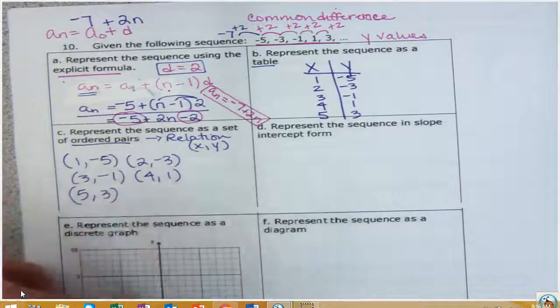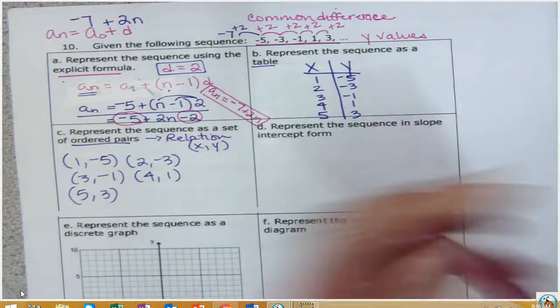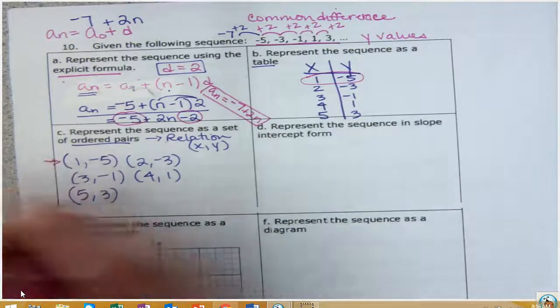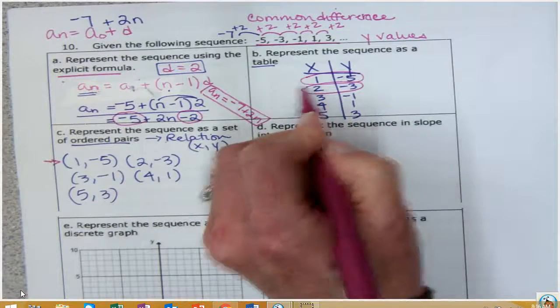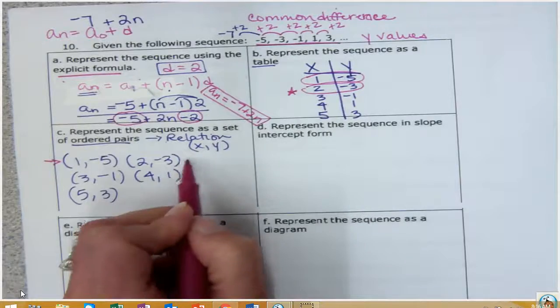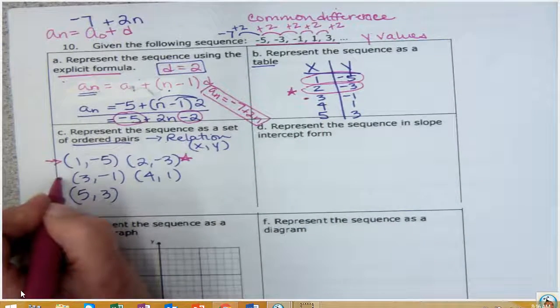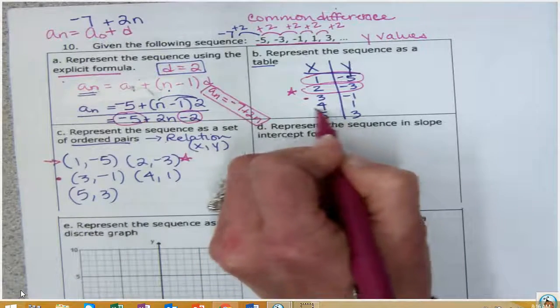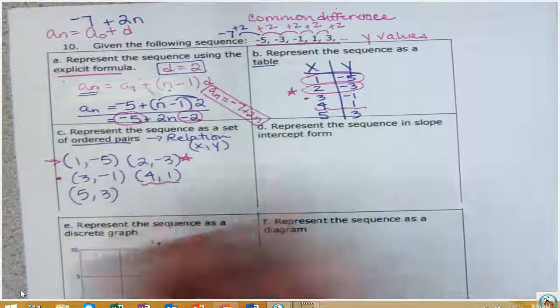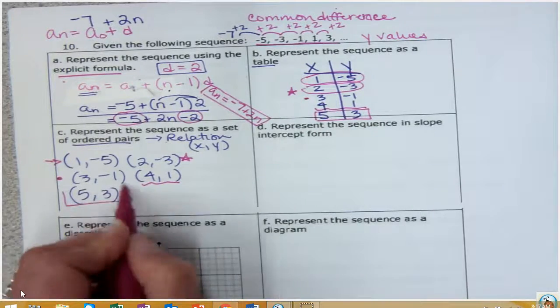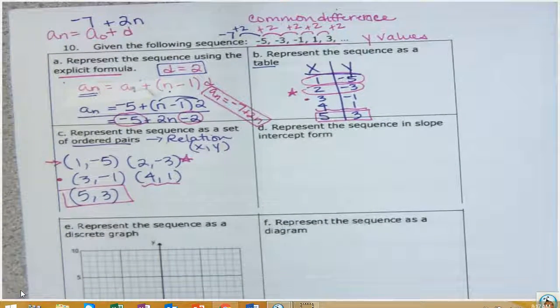And if you don't know where I'm getting it from, it's from these tables. This one is right here, this is right here, 4 is right here, and 5 is right here.